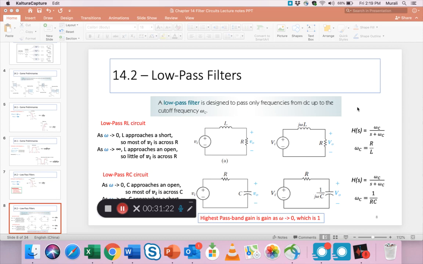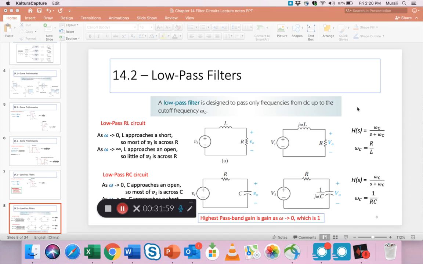But what happens when you have a wire and a resistance? All the voltage appears across the resistance, right? IR, I is the same, it's a series circuit, and IR gives you the voltage. So what this is saying then is, if there is a low frequency in the source VI, let's say VI has some low frequencies and some high frequencies.